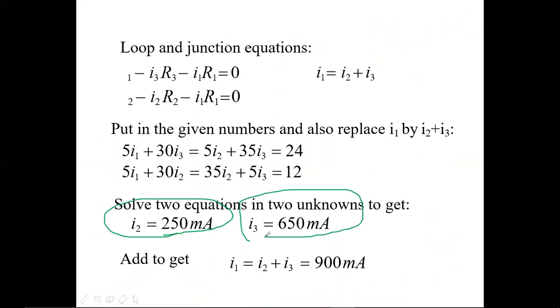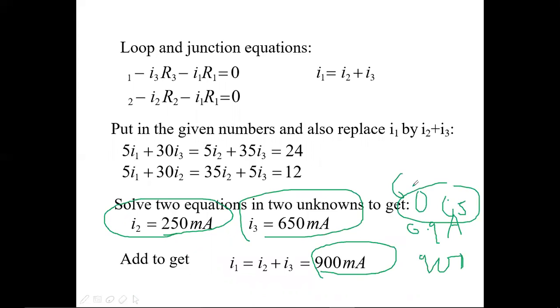I3 650 milliamps. I1 900 milliamps. Instead of writing 0.9 amps, he followed 900 milliamps. Instead of writing 0.65 amps, he converted to 650 milliamps. Instead of writing 0.25 amps, he converted to milliamps.